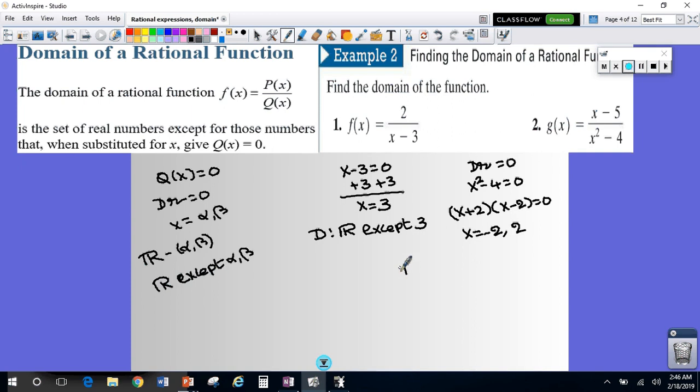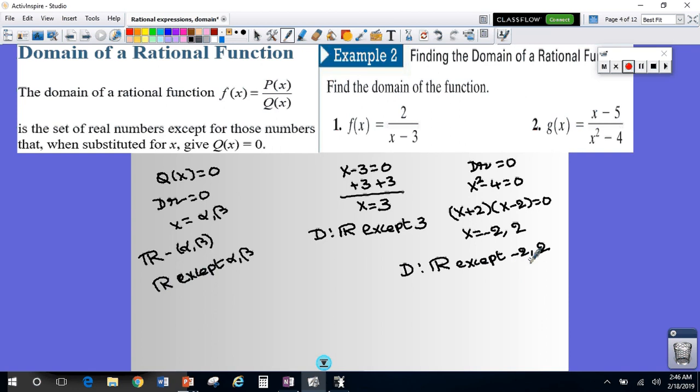So your domain is all real values except negative 2 and positive 2. It means from the set of real numbers, you cannot consider the values negative 2 and positive 2.